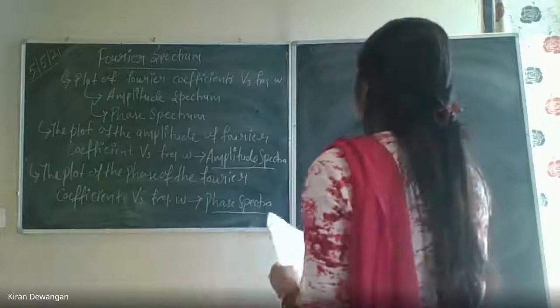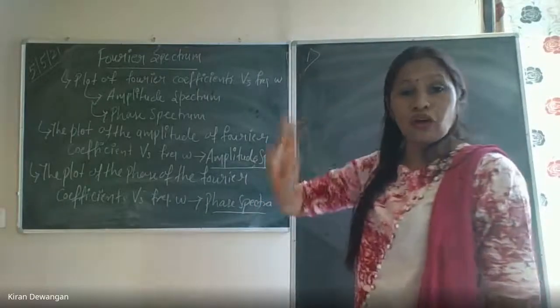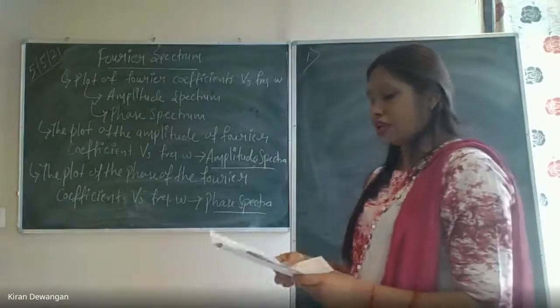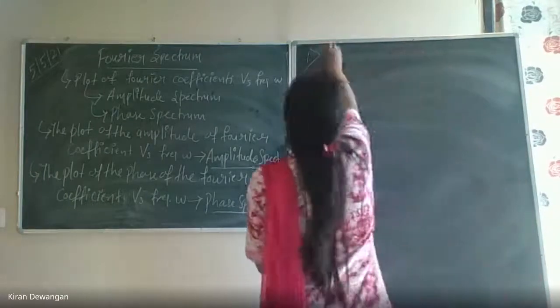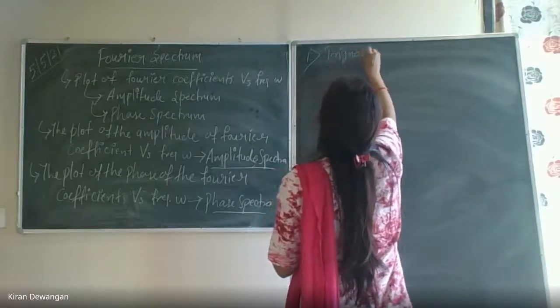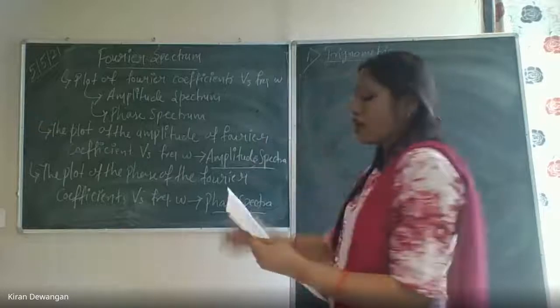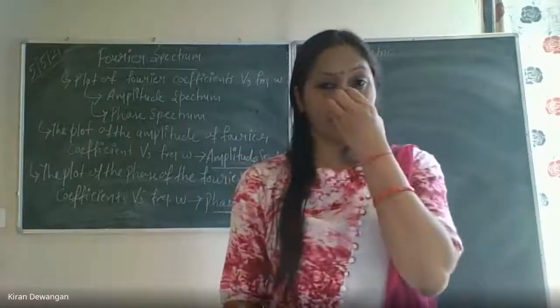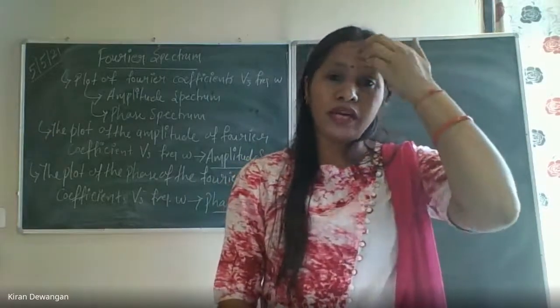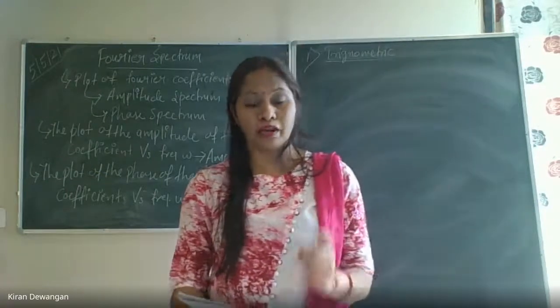Now coming to the comparison of all the three forms of Fourier series. First, when we talk about trigonometry, what are the plots that we can get in the trigonometric form of Fourier series? We are getting the coefficients as small a naught, small an, and small bn.